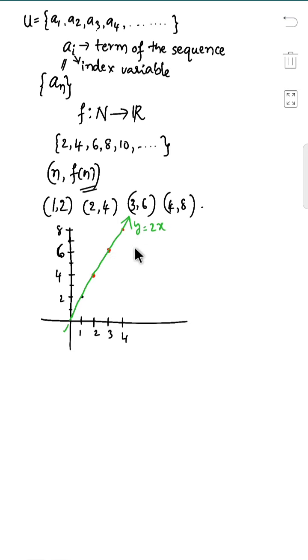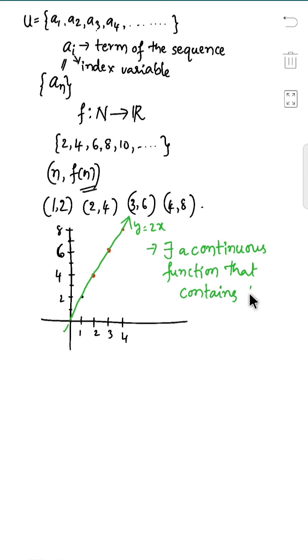So for now we can know that there exists a continuous function that contains the given sequence.